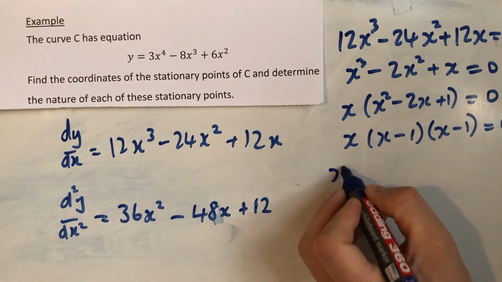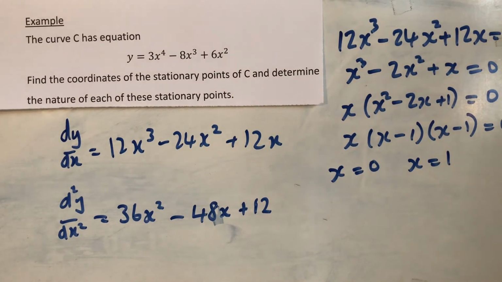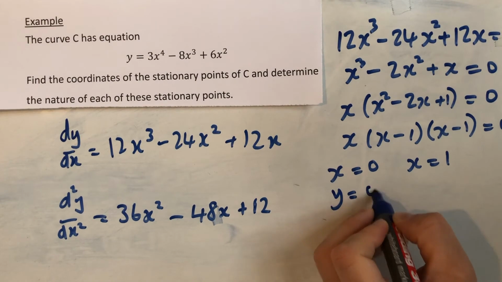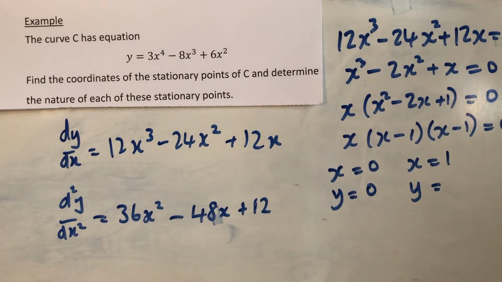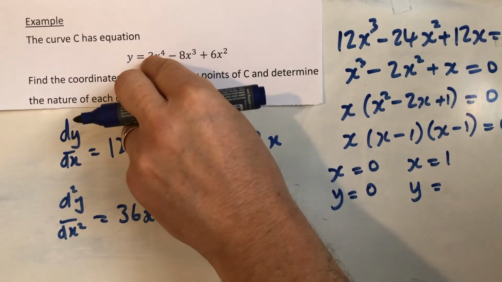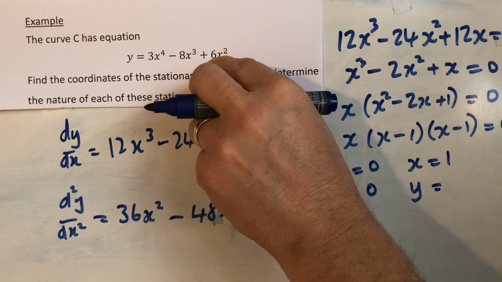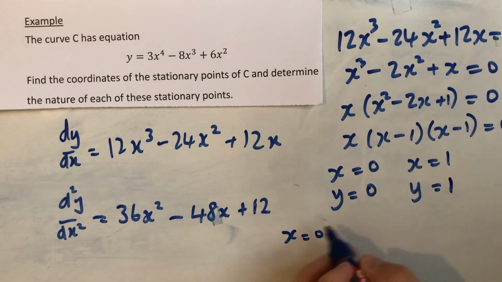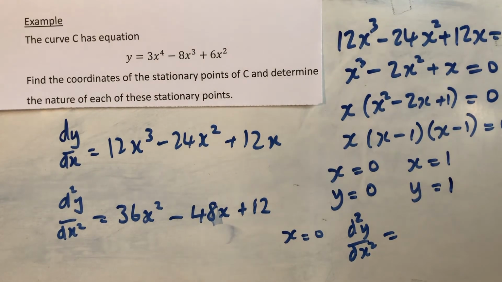So we've got 2 values, x equals 0, and x equals 1. When I put x equal to 0, I get y equal to 0. And when I put x equal to 1, I get y equal to 3 minus 8 plus 6, so that is 1.